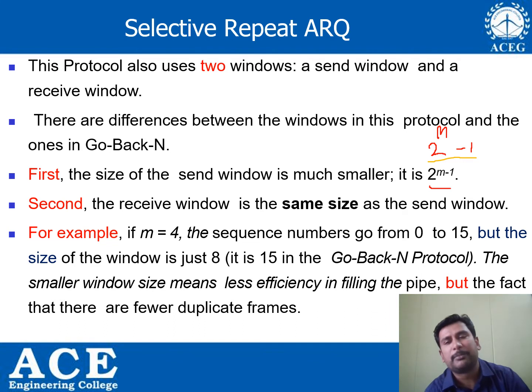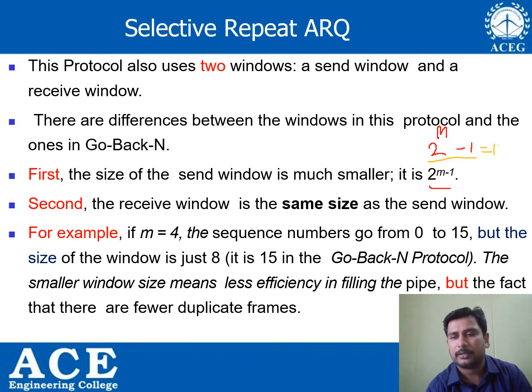For instance, if I use m equal to 4 bits for the sequence number, in Go Back N ARQ the sender window size is 2 power 4, which is 16, minus 1, equal to 15.